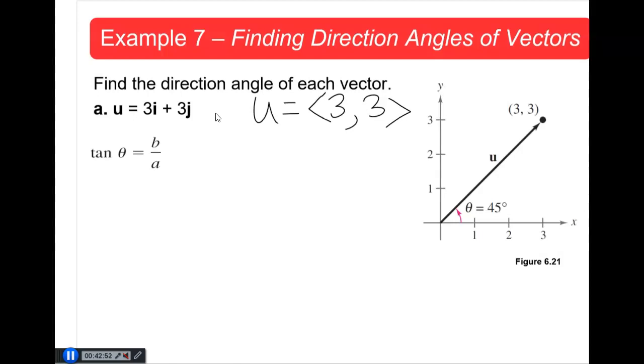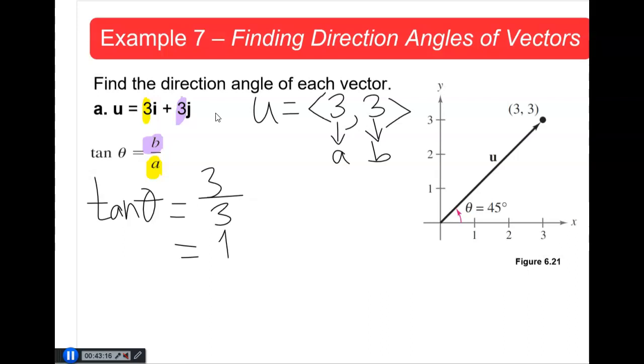And if we want to find, we could call this 3 A and this B. So to find tangent of theta, we're going to substitute B with 3, A with 3.